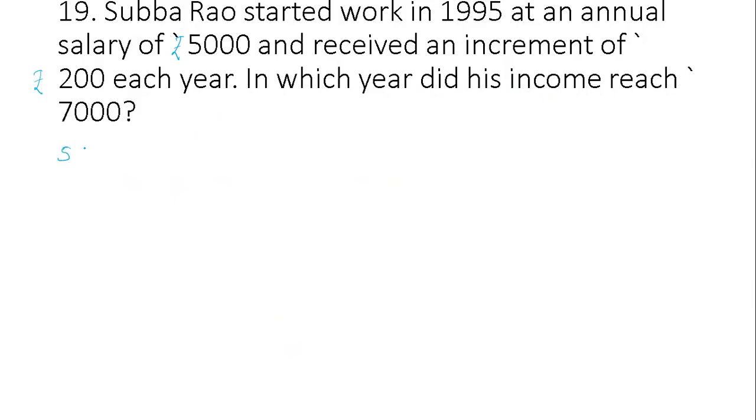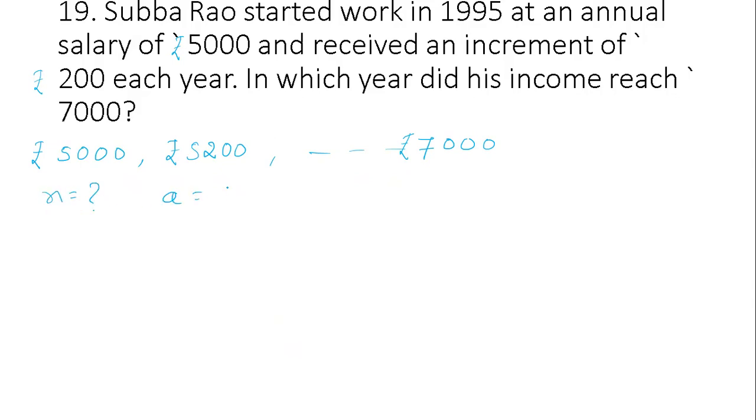Their initial salary is 5,000 and the annual increment is 200, therefore 5,200 and so on. He reached 7,000. Then n is equal to how much, they are asking here.